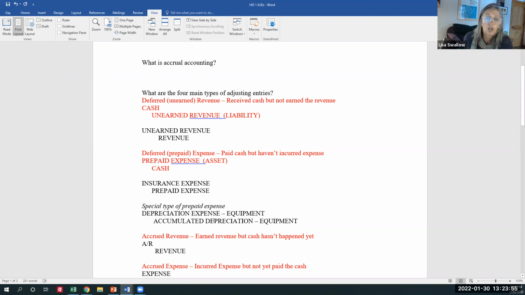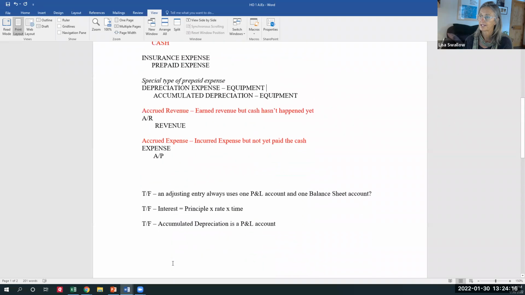Accumulated depreciation is a contra asset and it's got a credit balance, and it goes on the balance sheet against the type of fixed asset that you're writing off over time. So those are the four main types: deferred revenue, deferred expense, accrued revenue, and accrued expense.